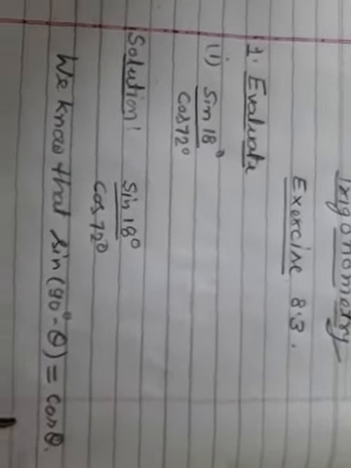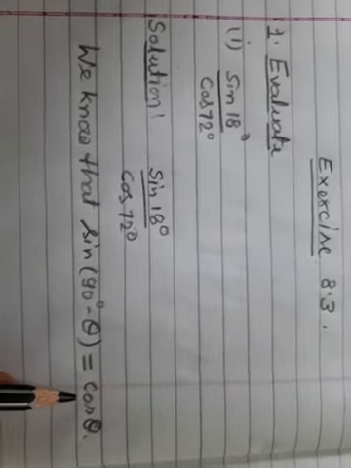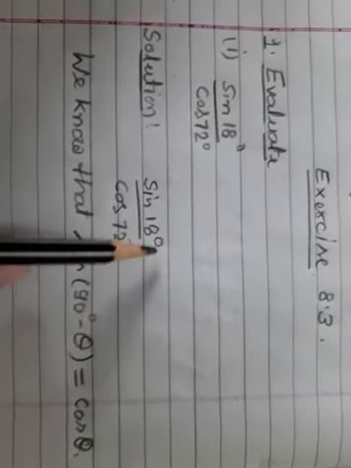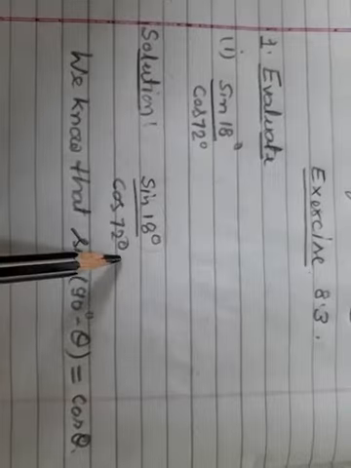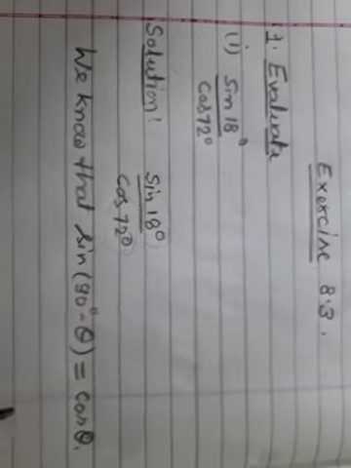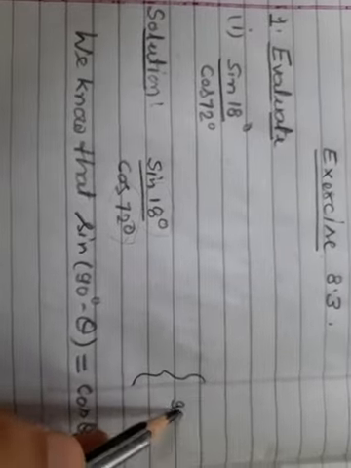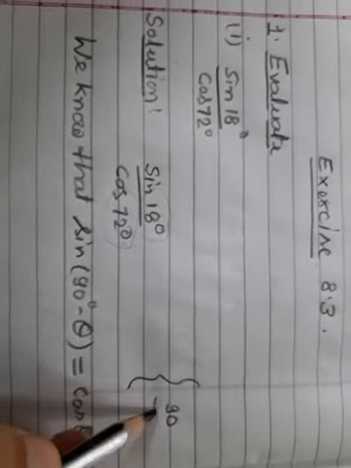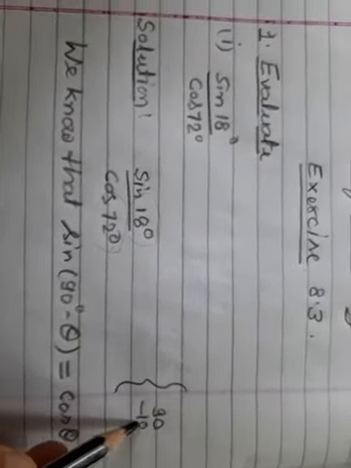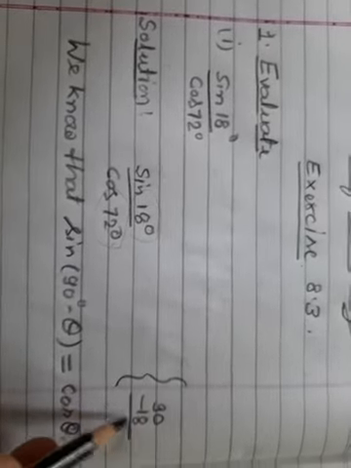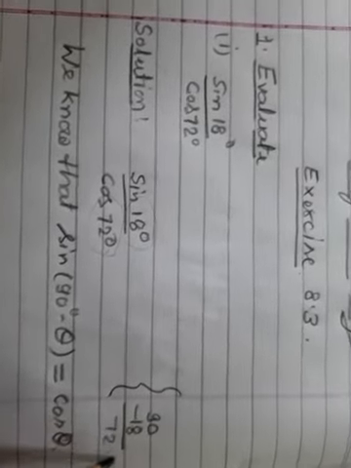Clear? Here, 72 is the changed value. Rough work: 90 minus 18 gives us 72.